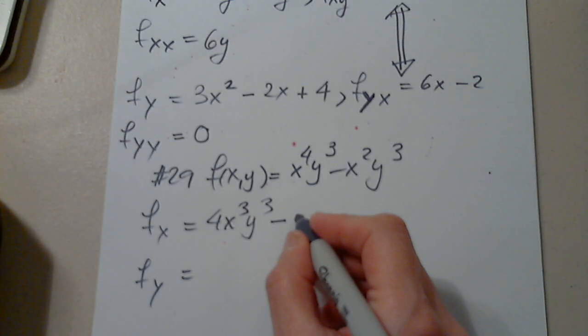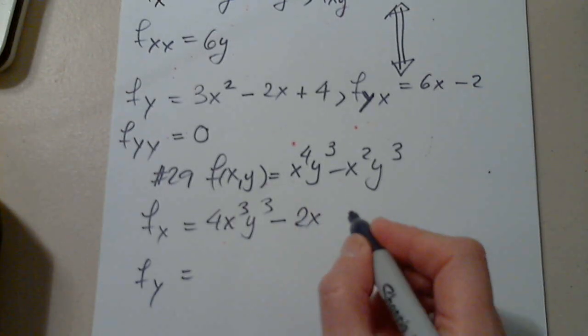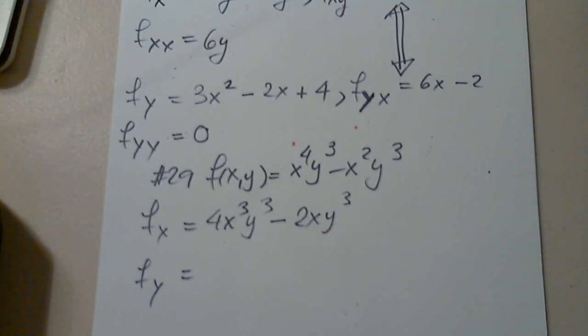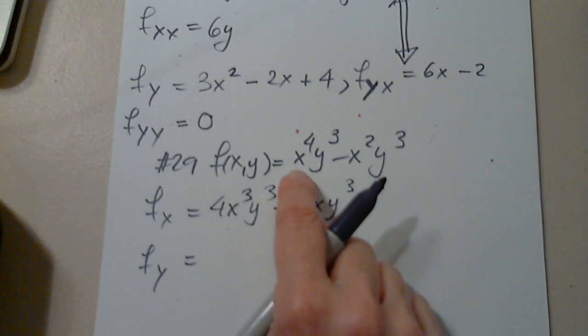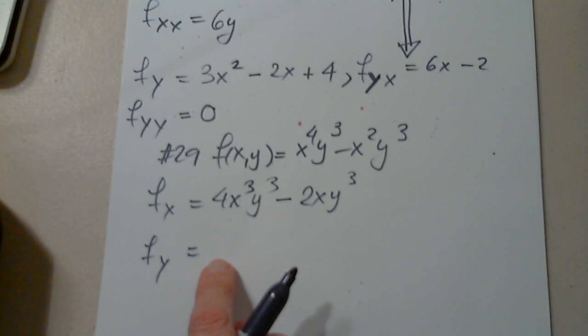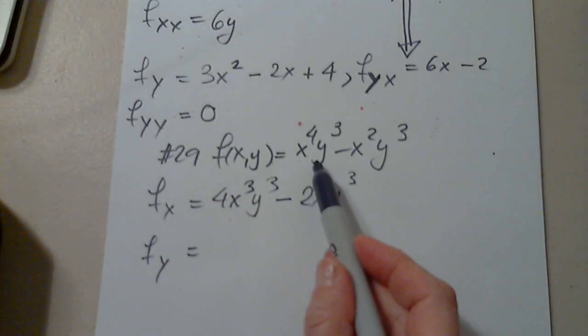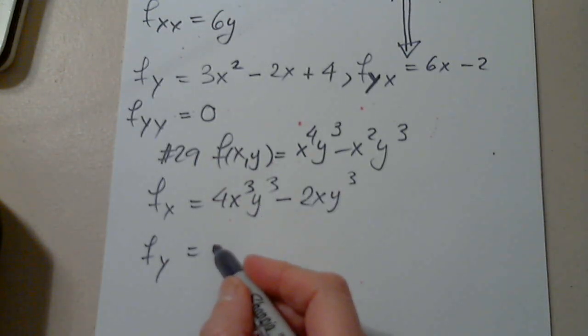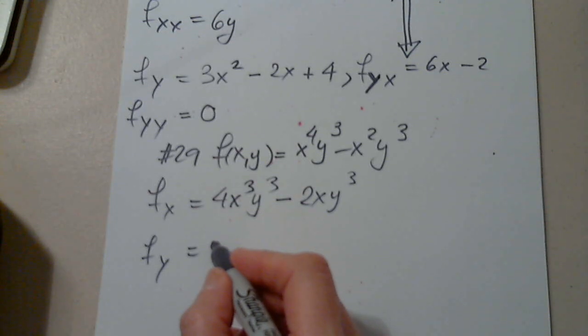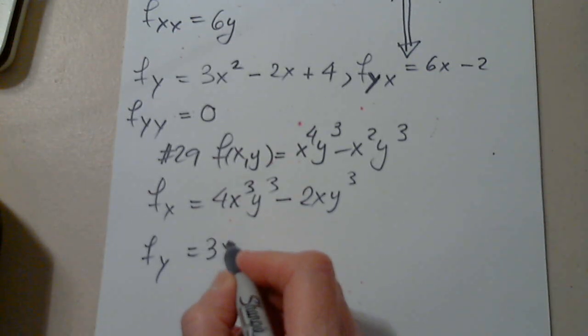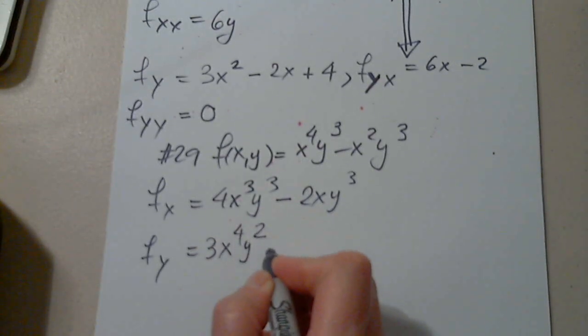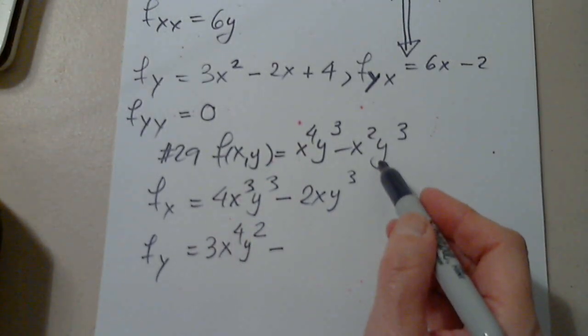Would it be minus 2x, y to the third? That's it. Perfect. fy. We're differentiating this with respect to y. x to the fourth, and then 3y squared. That's it. Excellent. Minus. We differentiate this with respect to y.